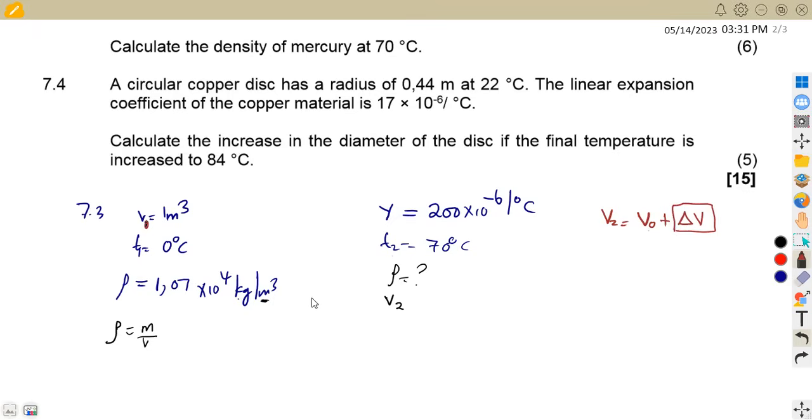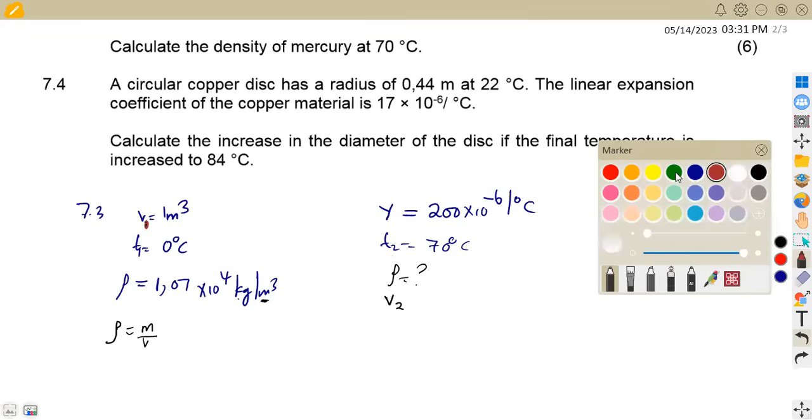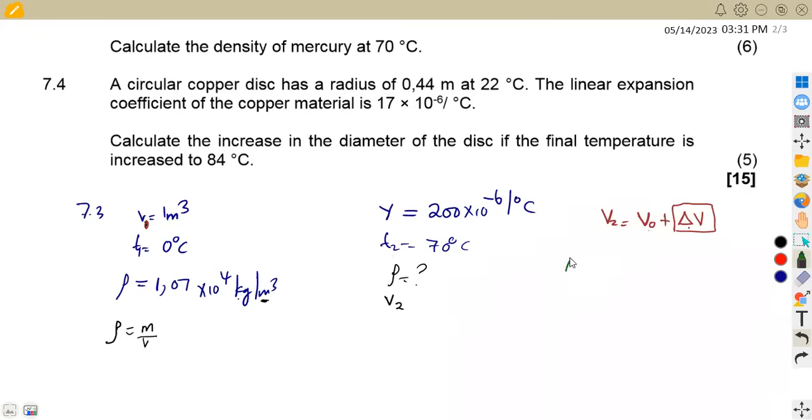So how can we calculate the change in volume? The change in volume works with the volumetric coefficient of expansion, gamma. So the change in volume is V0 times gamma times the change in temperature, which is T2 minus T1.